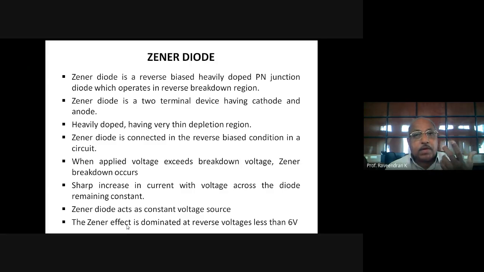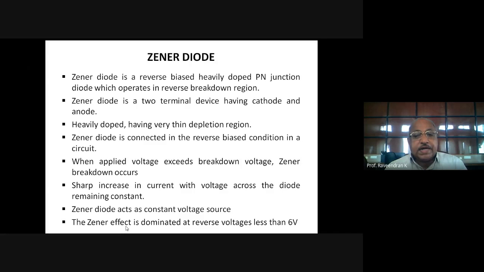If that reverse biased junction is subjected to 3 into 10 raised to 5 volt per centimeter, or 3 into 10 raised to 7 volt per meter, then, since it is a thin and heavily doped junction, applying a voltage gives sufficient electric field intensity.